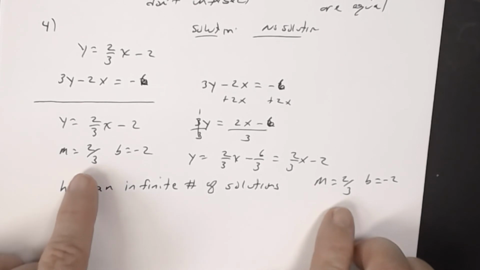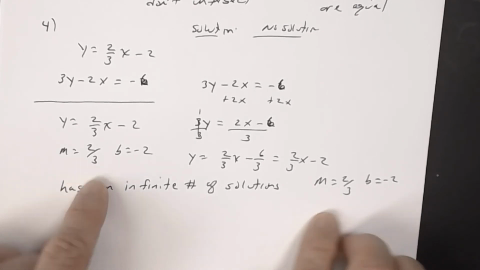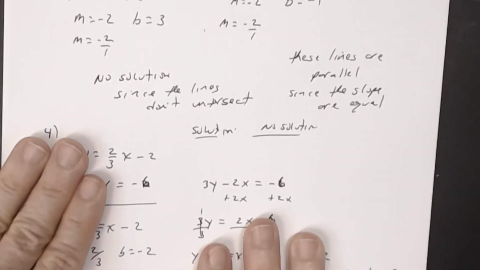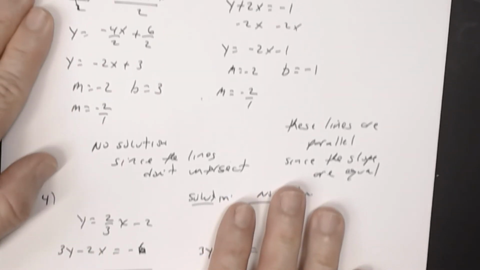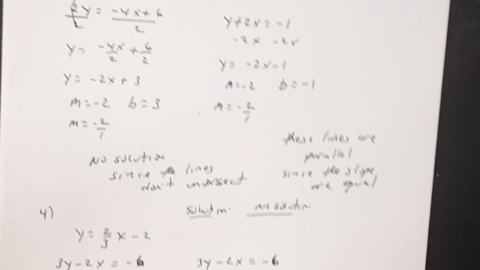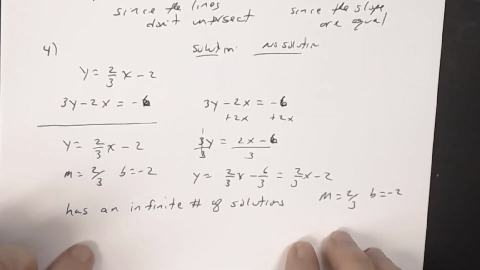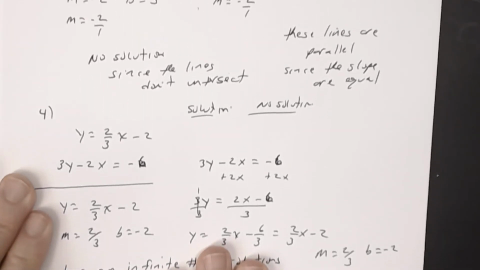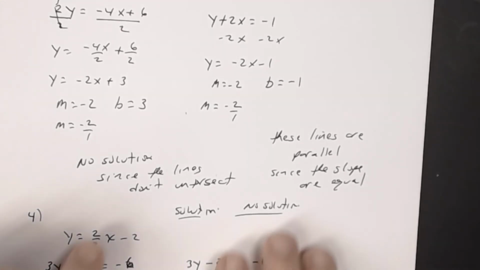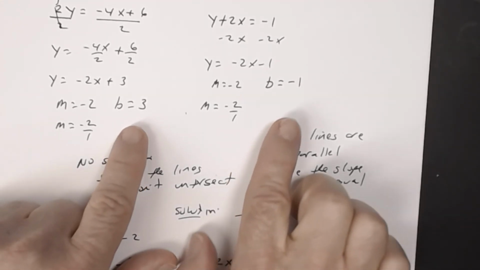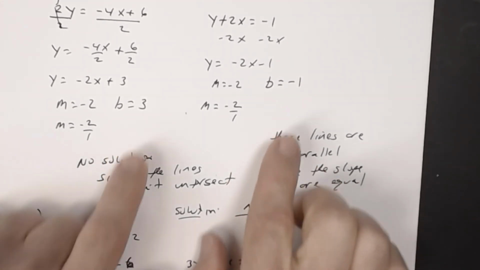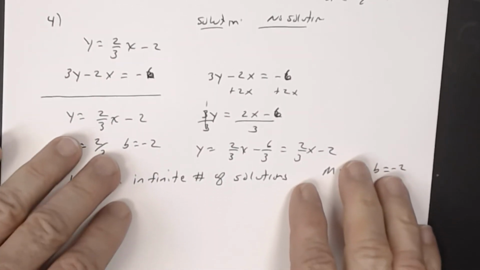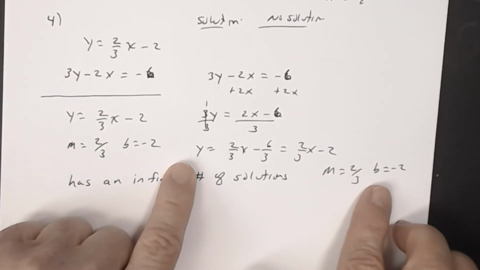In number 4, the slopes were also the same. But why is it that in number 3 we had no solution, and in number 4 we had an infinite number? That has to do with your y-intercept. What did you notice about the y-intercepts here? The y-intercepts were different. What did you notice about the y-intercepts here? The y-intercepts were the same.